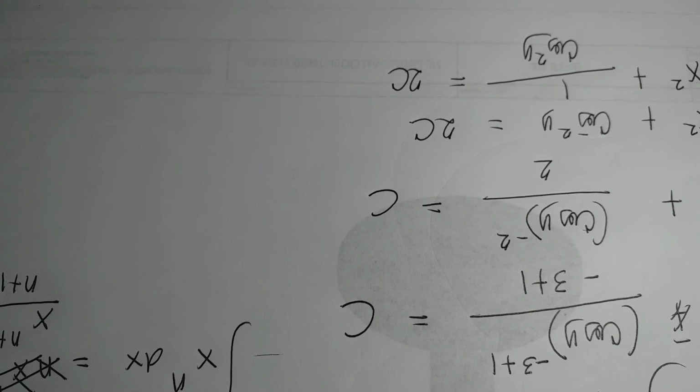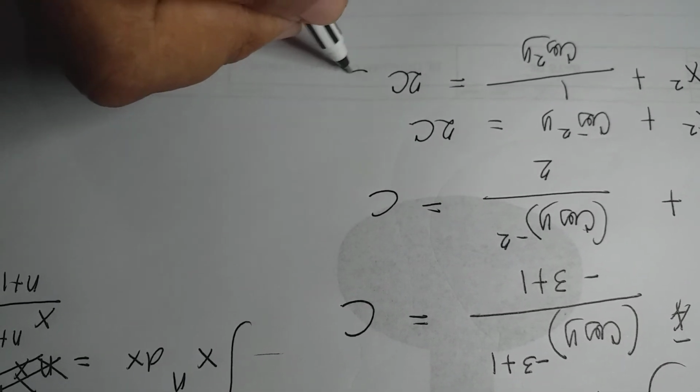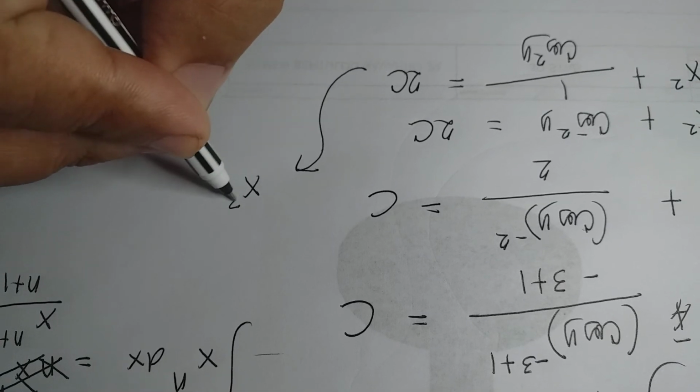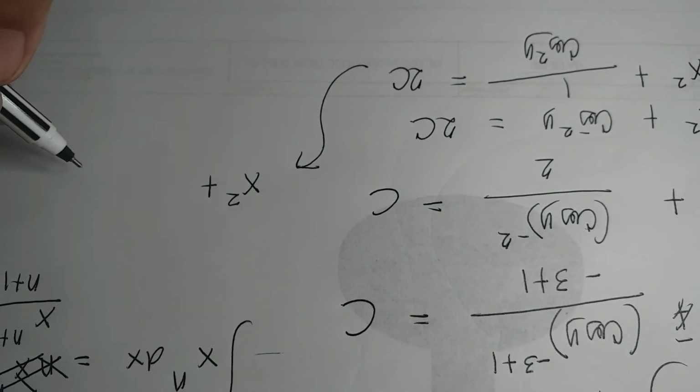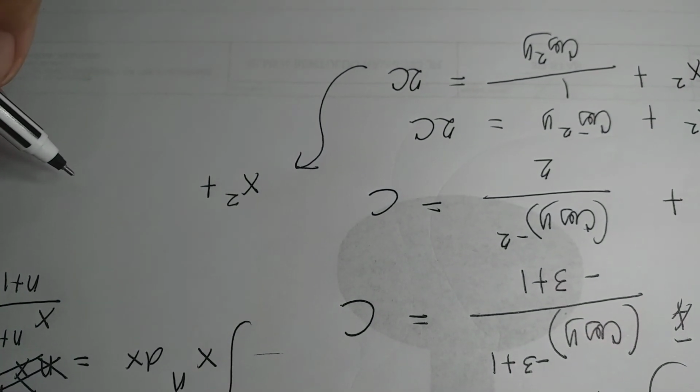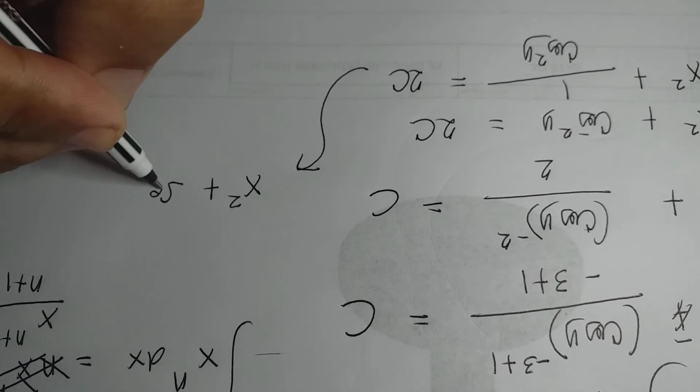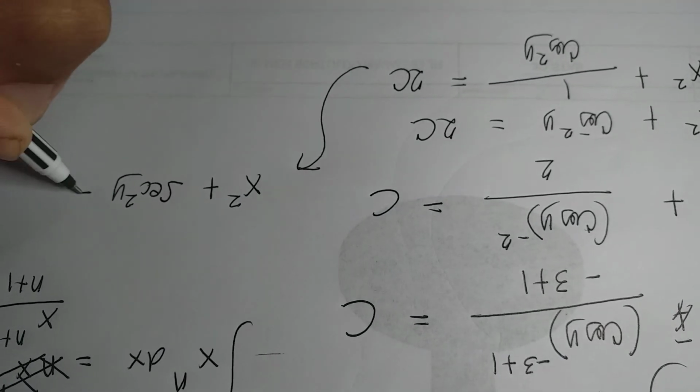But what is 1 over cosine? That is secant. So 1 over cosine square y is secant square y. That is equal to 2c.